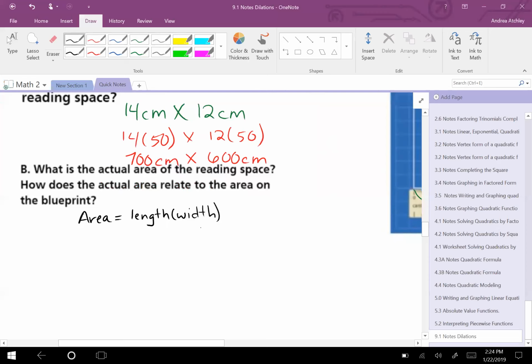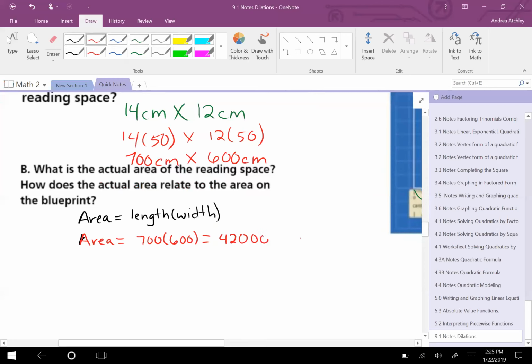Or you might have done base times height, however you want to say it. So the area of our actual figure equals 700 times 600. 7 times 6 is 42, and then we have 1, 2, 3, 4 zeros.